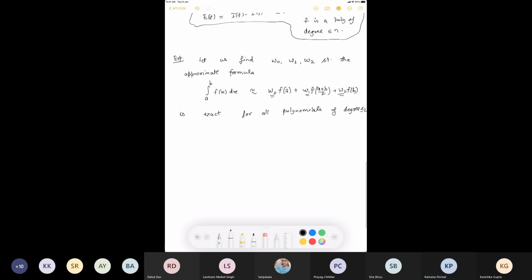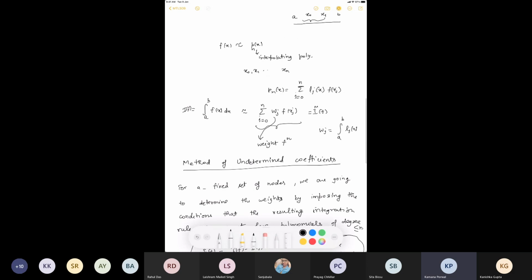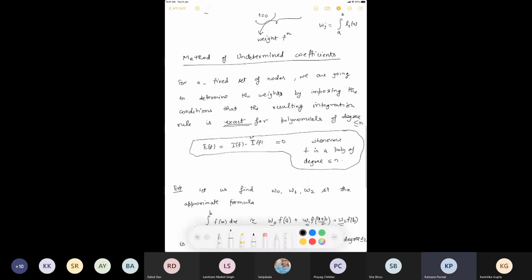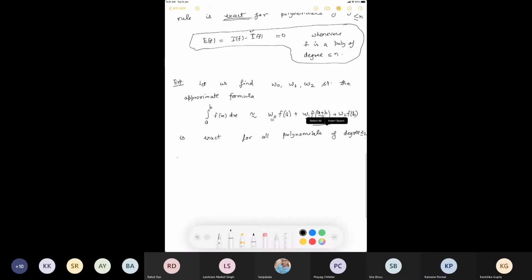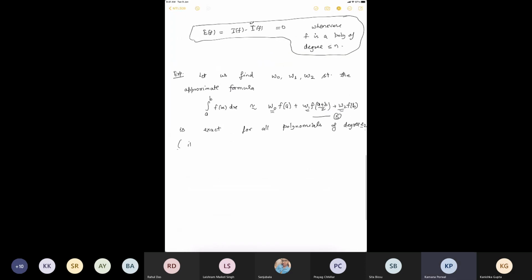Okay. So note that this is equivalent to saying, so if I call this equation number 5, it is equivalent to saying that, that is equation 5.